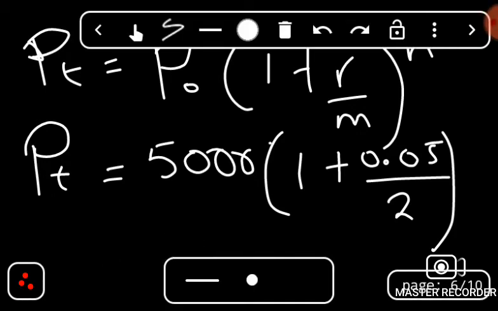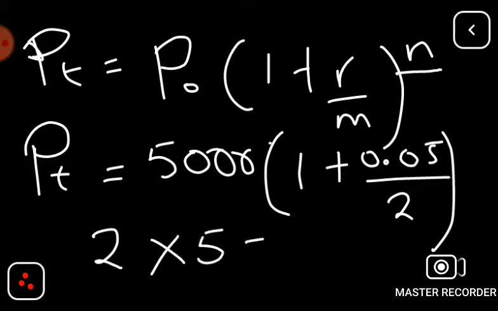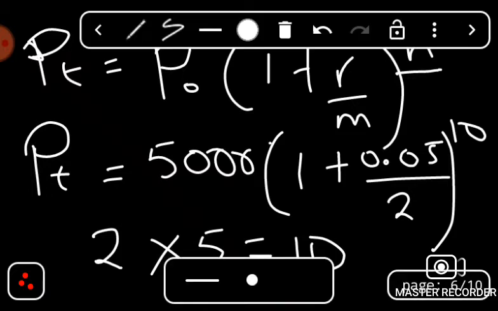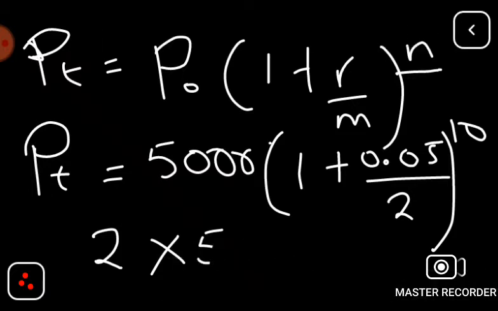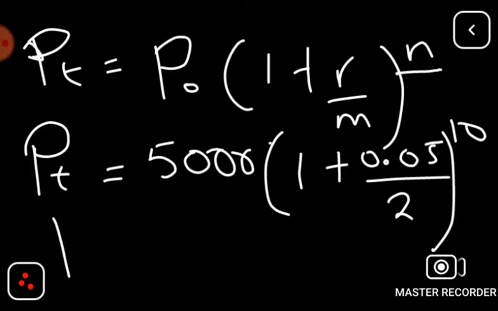So if N is the mix of M and T, we multiply 2, since we said semi-annual, times the number of years, which is 10. So we're going to put a 10 there. Our P0, however, is 5,000.